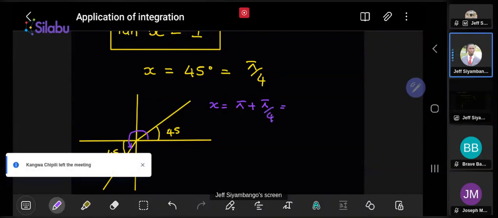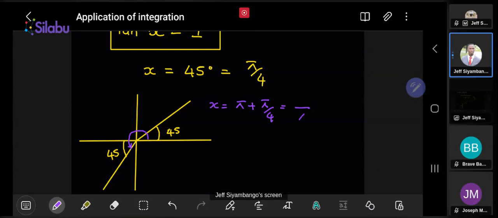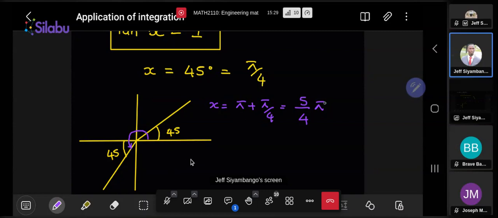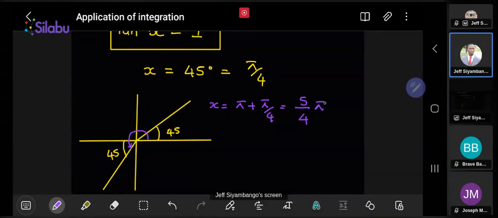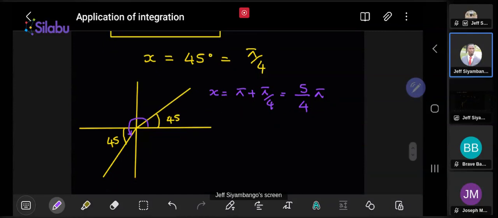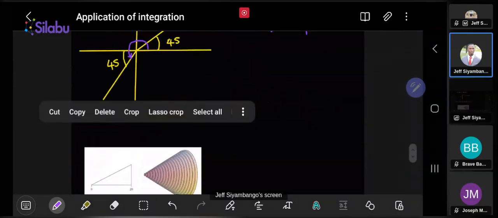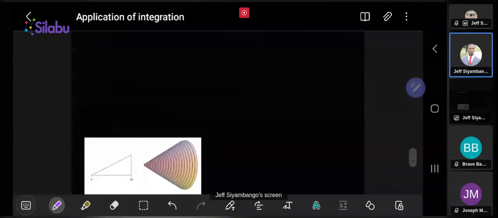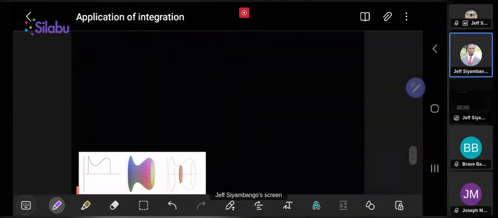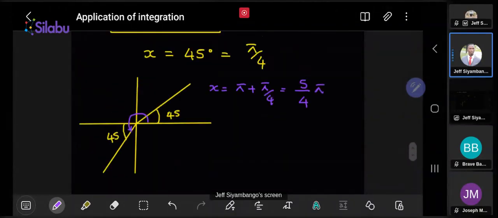So if we do the math here, this is over 4, and then this is going to be 5 pi over 4. Is that okay? So that is the second value for which tan will give us 1.